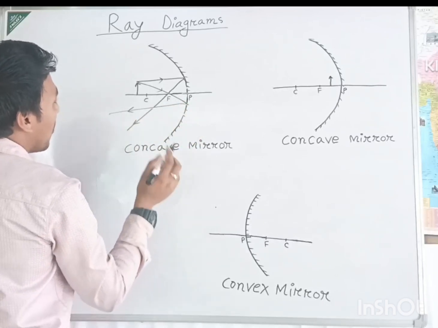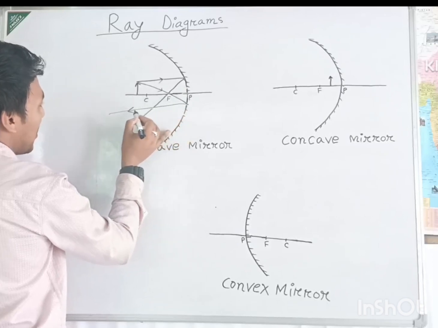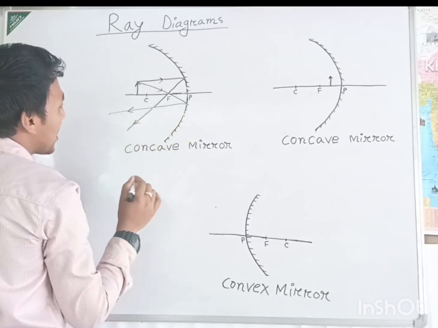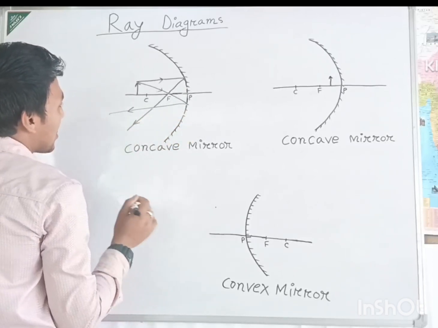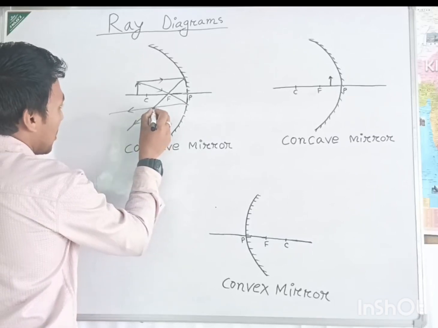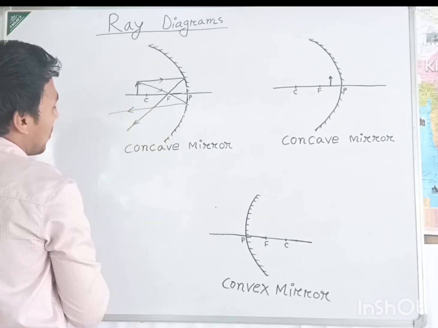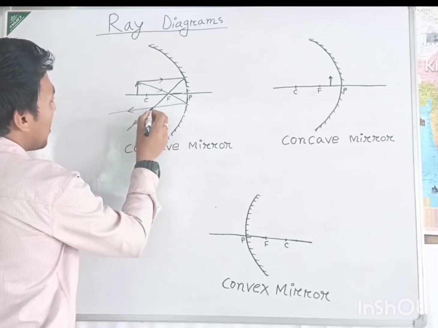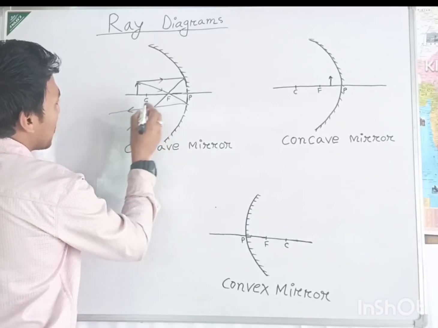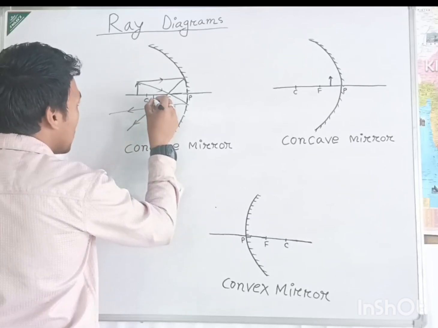Now listen, these two reflected rays, this is one reflected ray and this is another reflected ray, wherever they intersect each other, there you will get the image. Suppose this is the point of intersection, where these two rays meet each other, so here you will get the image.